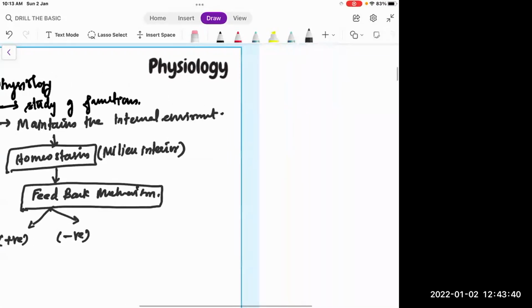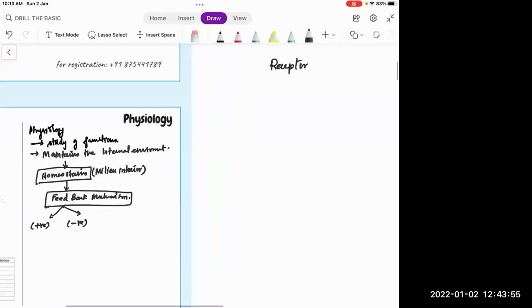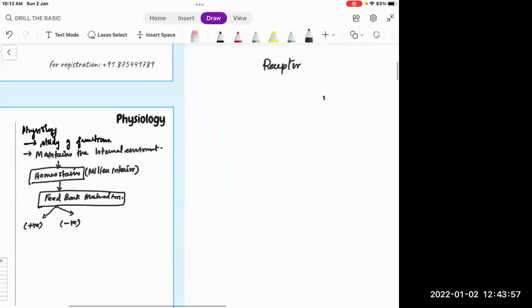What is meant by this feedback mechanism is, for example, in the maintenance of the internal environment, in homeostasis, you need a few components. The first one is the receptor, the sensor, the controller, and the effector.